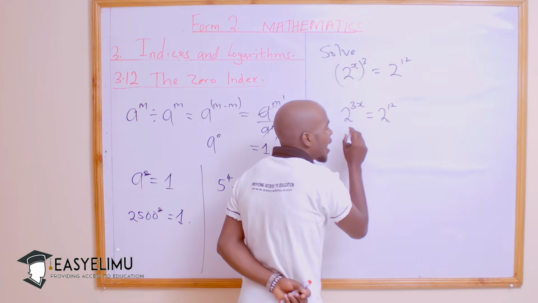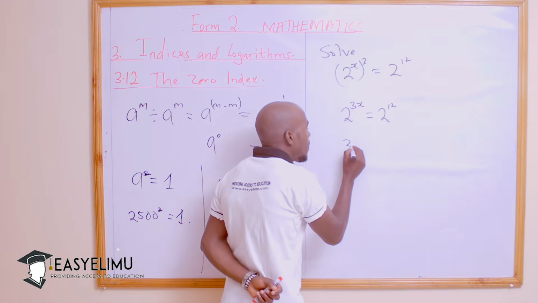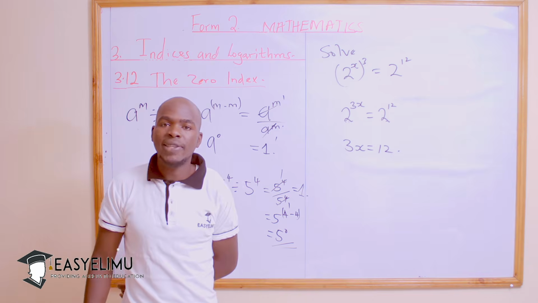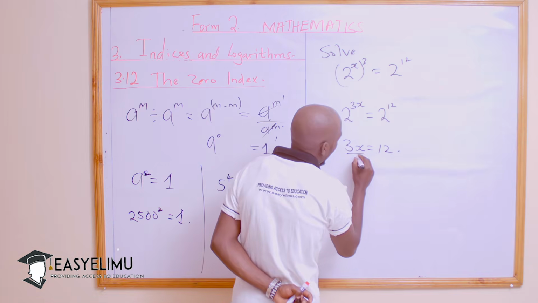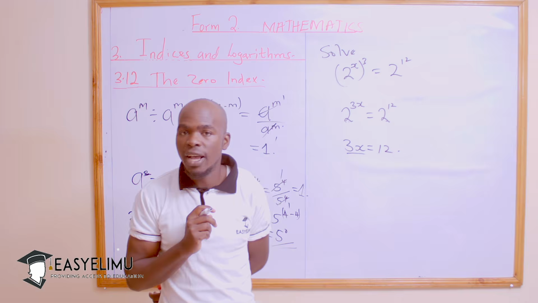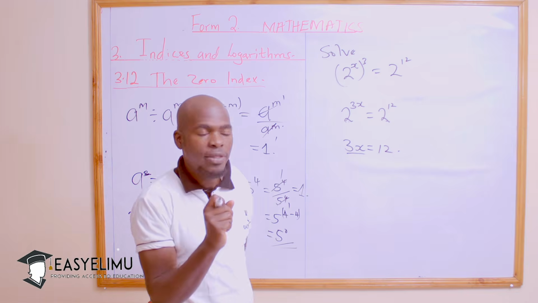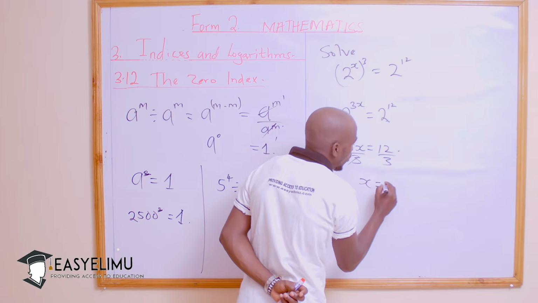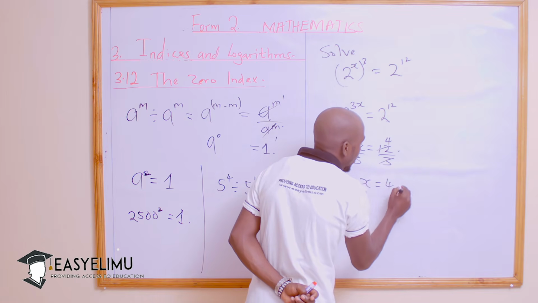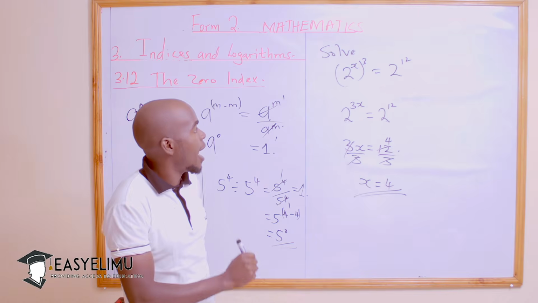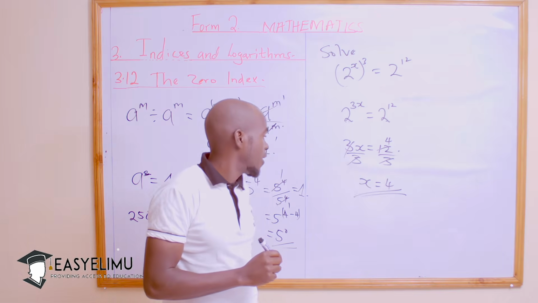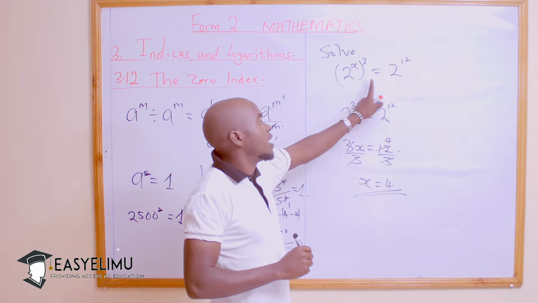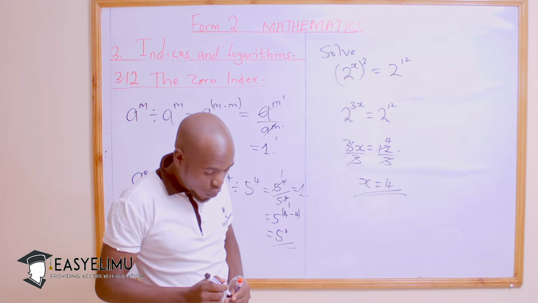Since the bases are the same, the powers are also the same, so we can take the powers alone to find the value of x. To find the value of x, you divide both sides by 3, and you will find x is equal to 4. So the missing value in the above expression is 4. If you replace it with 4, you will find that the two sides are equal.